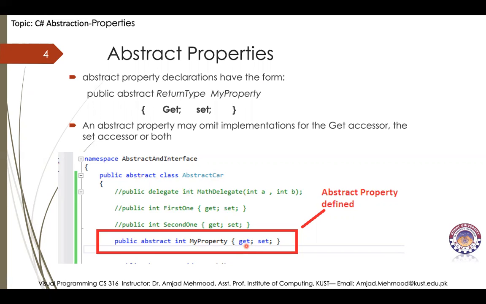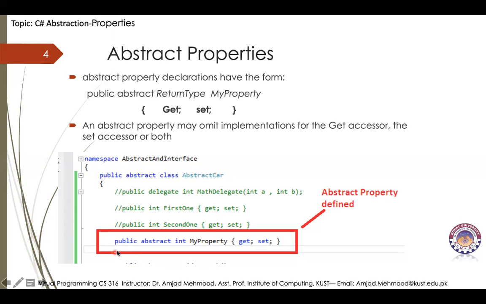of this property. I think you remember that when we were discussing abstract methods, there were some rules. For example, if you want to make a method abstract in a class, then you have to define your class abstract, right? Similarly, you can make your properties abstract as well.